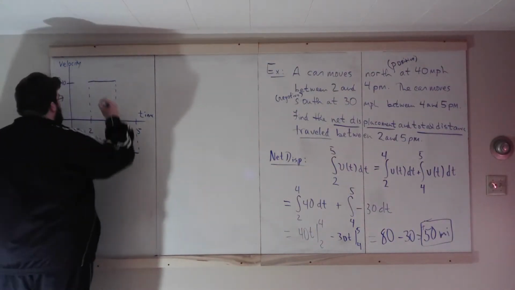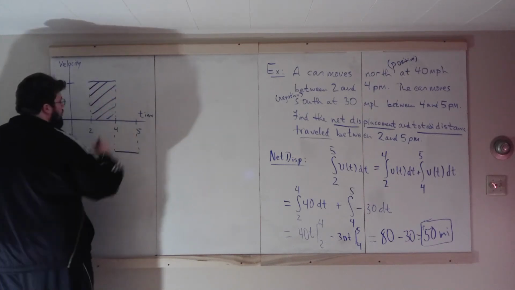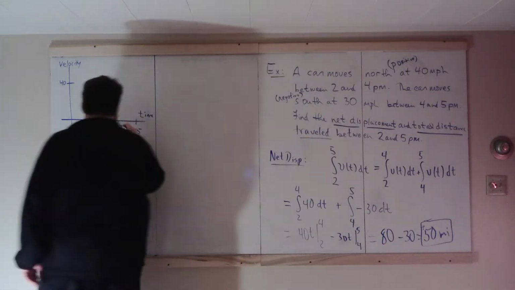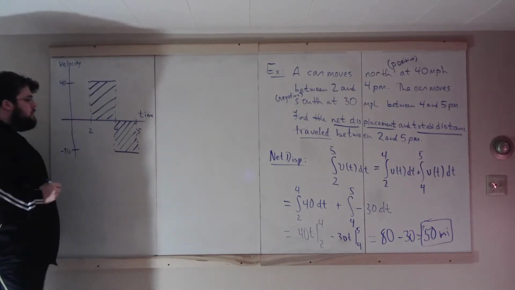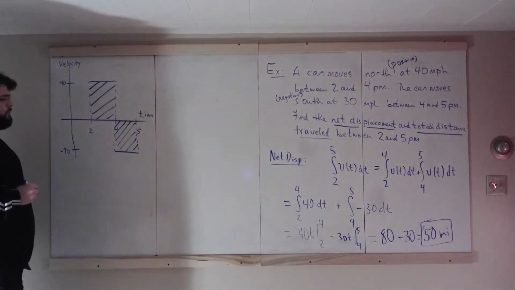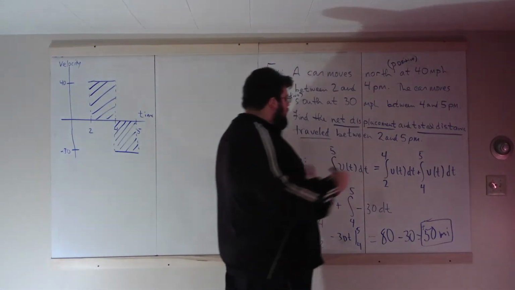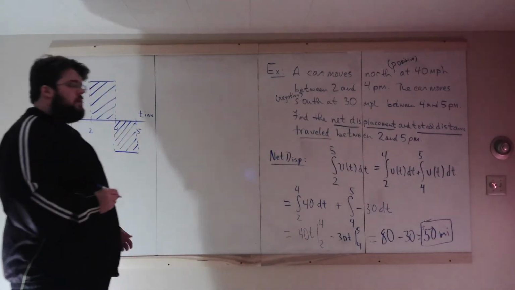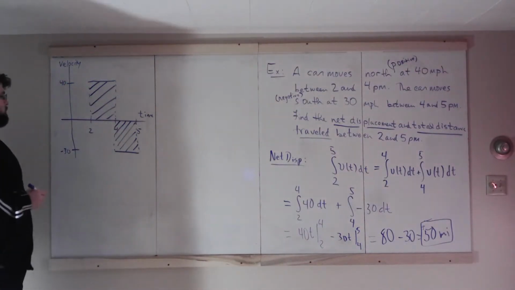And notice this net displacement is given by that area, which is 80, minus this area, which is 30. And that's why the integral of our velocity function gives us the net displacement, because the integral treats areas below the x-axis as negatives.